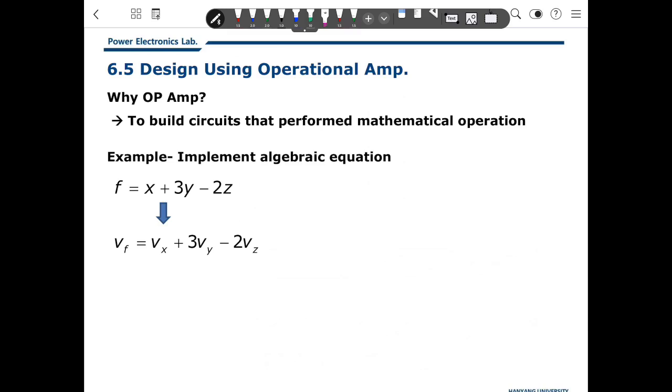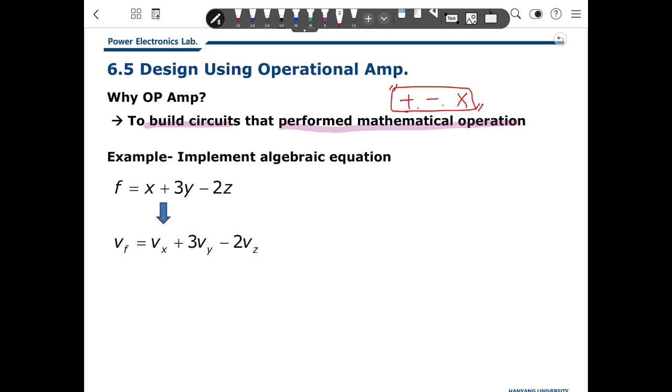Because this analog circuit was proposed to build circuits that perform mathematical operations. That means plus, minus, and multiply. That's the reason the op-amp is used. So we say the op-amp is an operational amplifier.